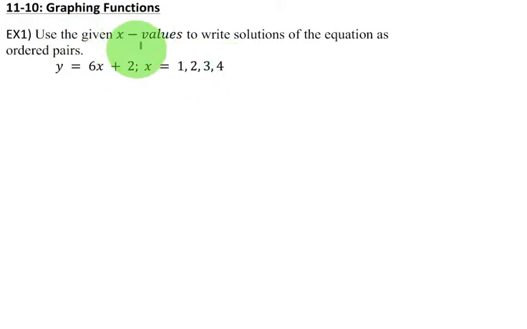So let's go ahead and highlight key information. Use the given x values to write a solution of the equation as ordered pairs. So I'm going to highlight ordered pairs.